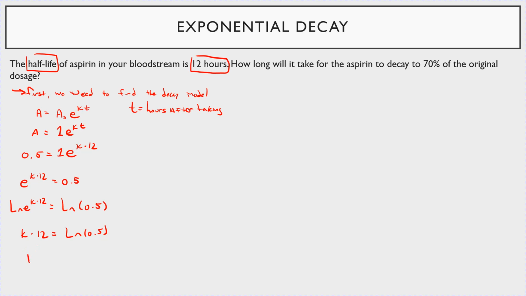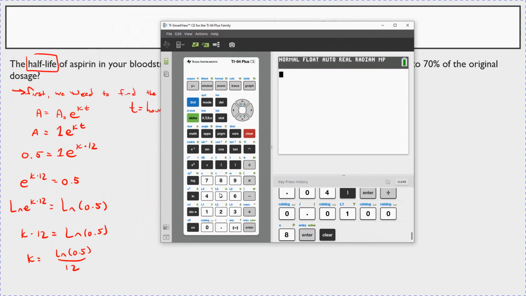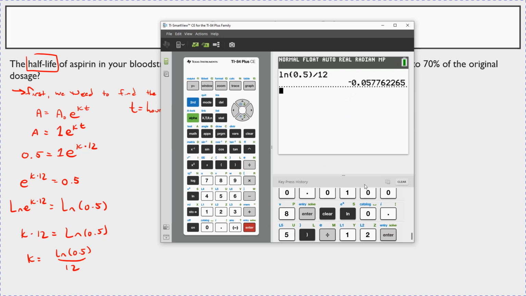All right, so k, the decay rate, got to figure out what natural log of 0.5 divided by 12 is. And it absolutely makes sense that this is a negative number, right? Because it's decay, so k has to be less than 0. So negative 0.05776.